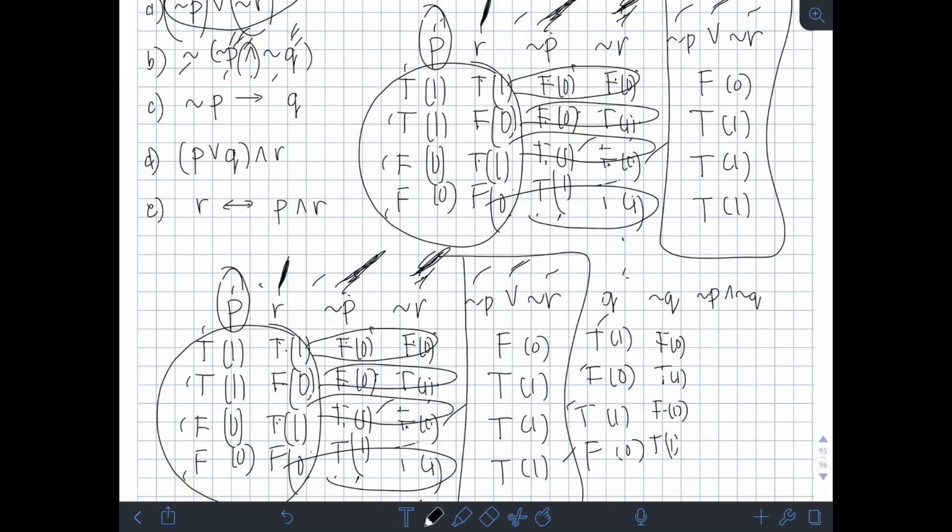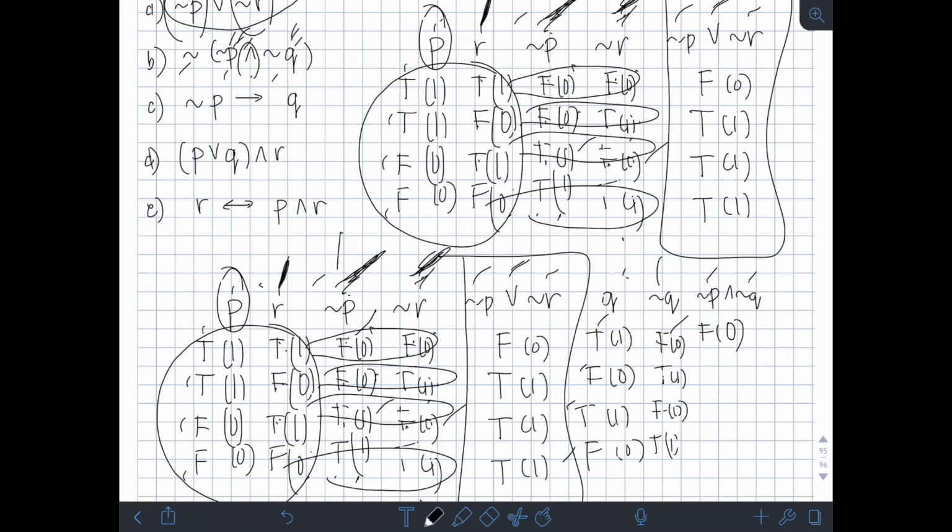So, this time, titingin tayo sa values under nitong not P tsaka not Q kasi yung dalawang involved, right? Ia-and natin. So, kapag and, multiplication. So, sige. Sa unang input, false tsaka false. So, 0 times 0 or 0, right?